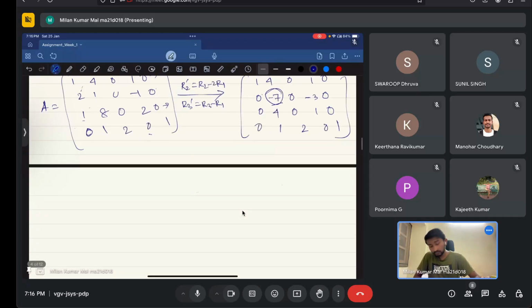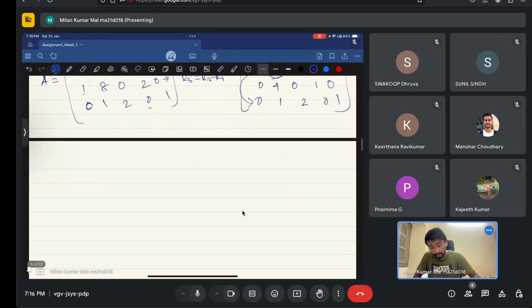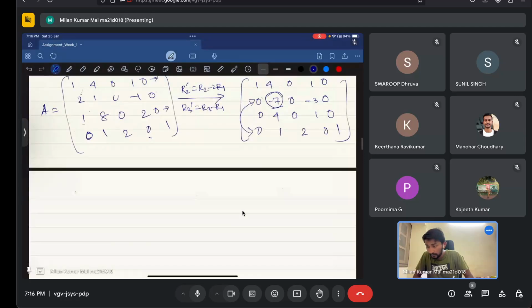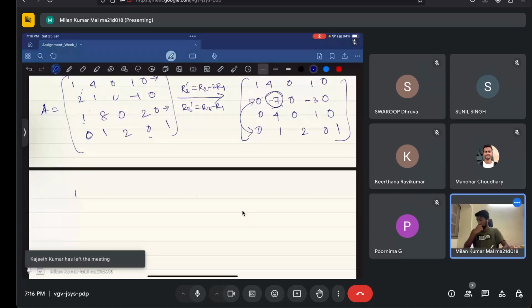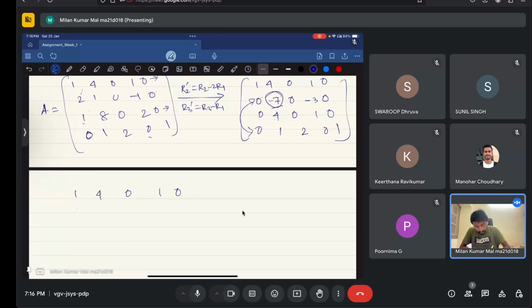Or we can do one more thing here: we can interchange this with this, but that is also doing the same thing. Okay, let's do that. Just a minute. 1 4 0 1 0 is there.